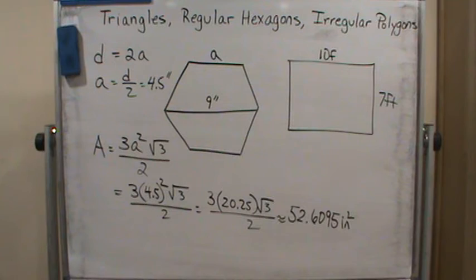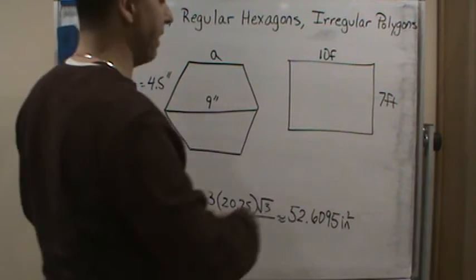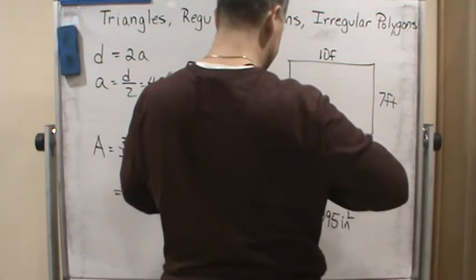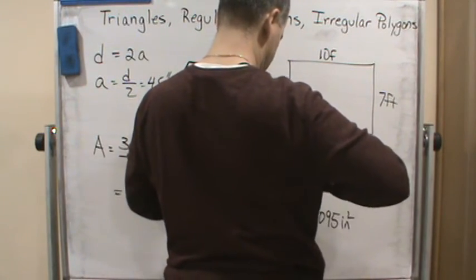Now I don't want to round too much because, again, round off error. I want to round at the very end. Okay, now, what's the area of this? Well, that's easy. That's 7 times 10, so this is going to be 70 square feet.